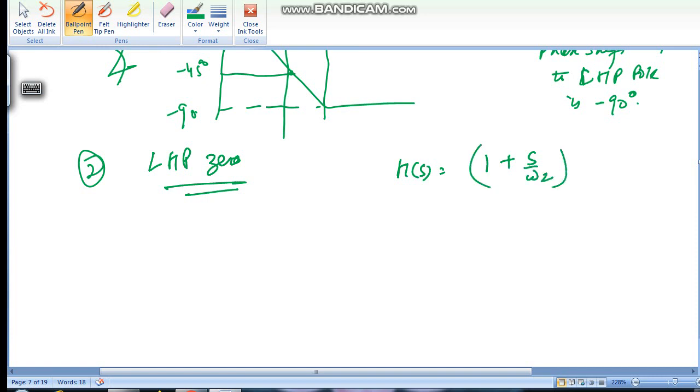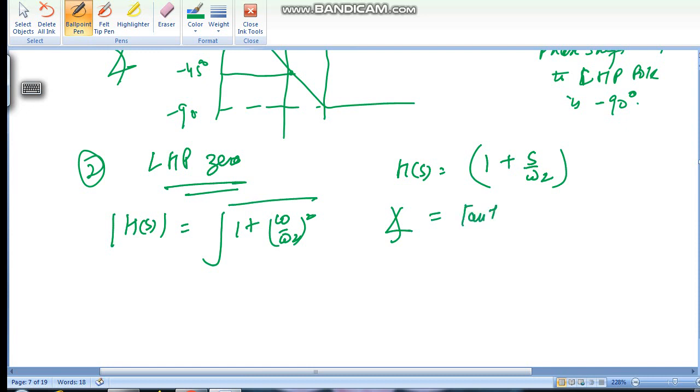So this is the transfer function. The magnitude is given by square root of 1 plus (omega by omega z) squared, and the phase is given by tan inverse of imaginary part upon real part, which equals tan inverse omega by omega z.